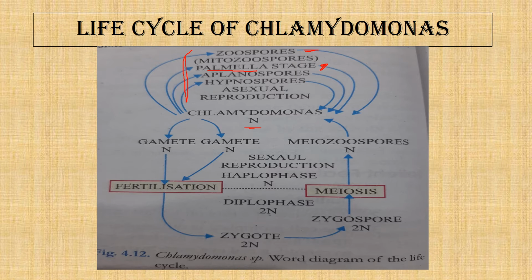This permanent resting period is called the Palmella stage, and on return of favorable condition, each individual protoplast or cell of the Palmella inside the mother or parent Chlamydomonas develops flagellation, and after flagellation, these individual cells escape from the gelatinous matrix. So this is all about zoospore and Palmella stage, and then there are the aplanospore and hypnospore.